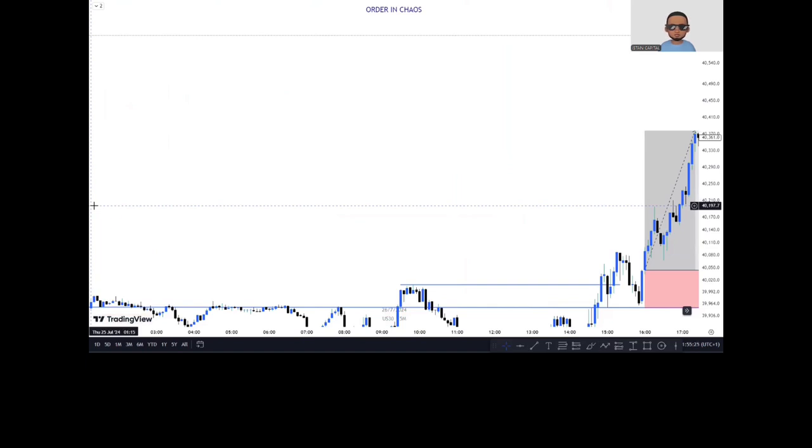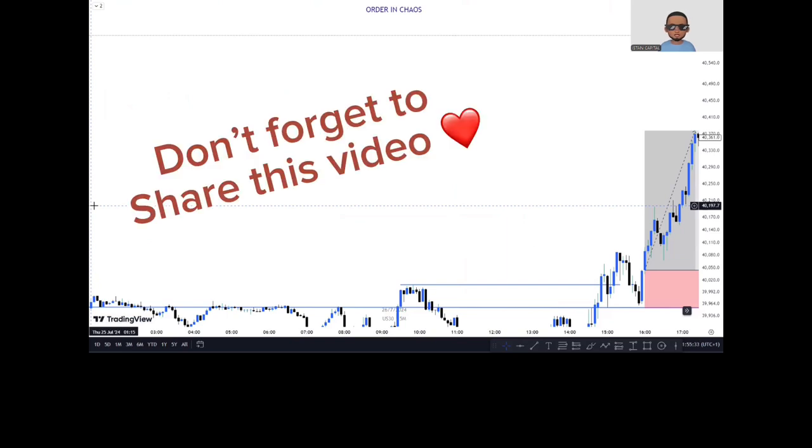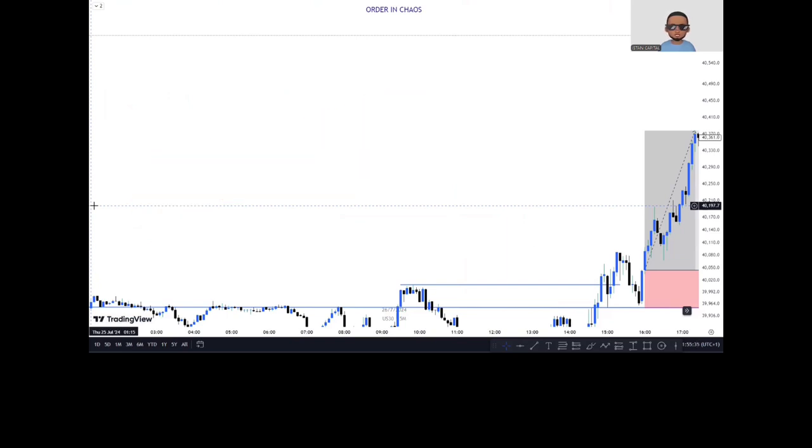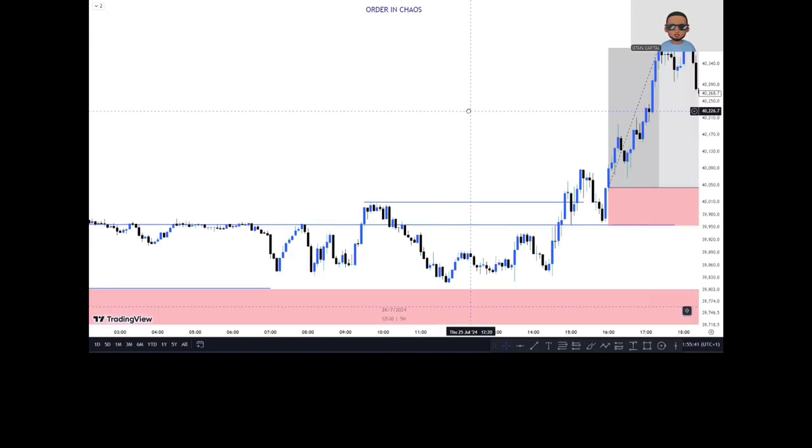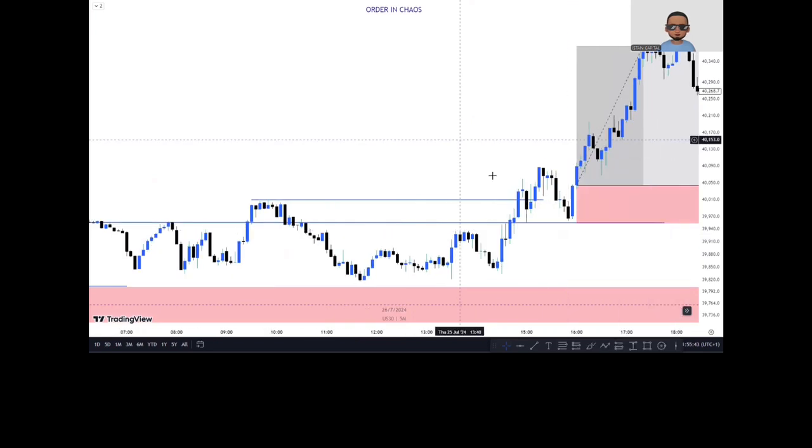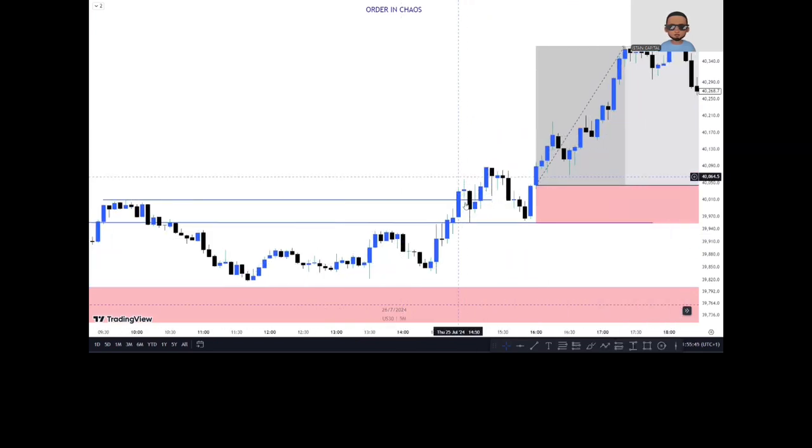That's my last confirmation entry model. If I don't see that, I'm not entering. Most of the time I miss trades because of that, because this first one right here, the market could as well have just kept going up from here.